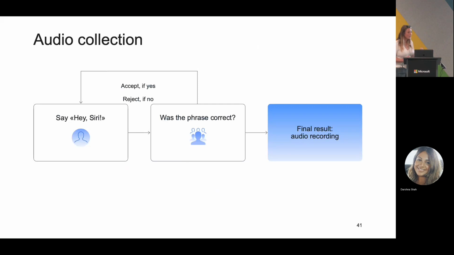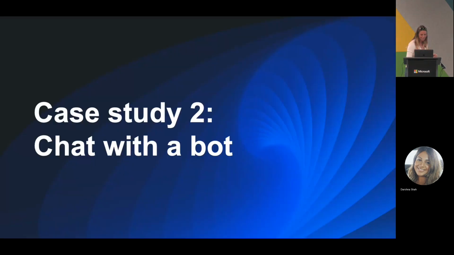But we don't know, again, if it's right or not. So we create another crowdsourcing project, where someone has to play this recording and say if the phrase they hear is correct. If it passes this pipeline, we have our data annotated.